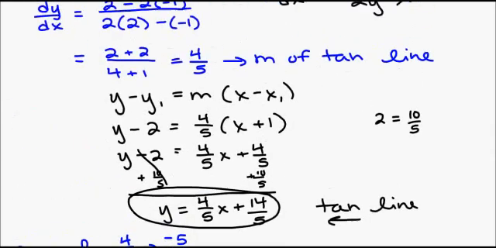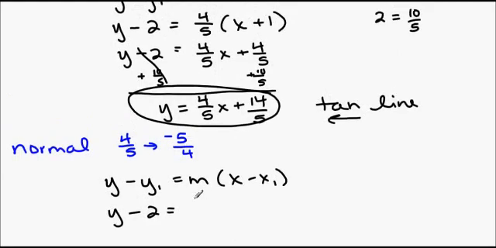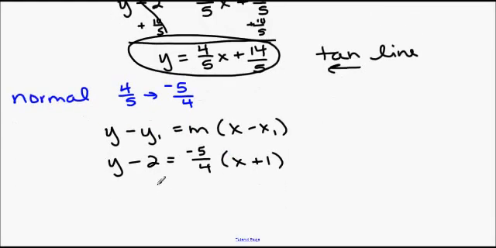So we have y minus 2 equals, because it's at the same point, -5/4 (x plus 1). Okay, so we have -5/4 x minus 5/4 because we distributed that to our parentheses.